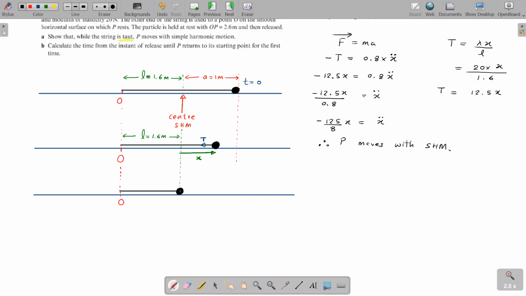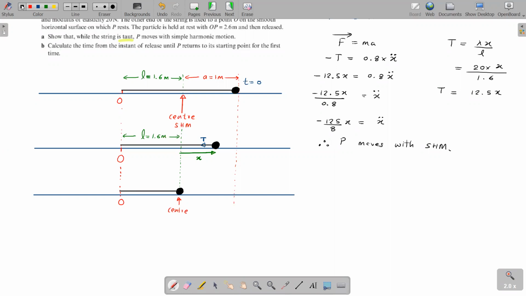Now you can see that you started the motion from the amplitude, and this is the center of your SHM. Amplitude to center, the string was taut. There was no problem in that. But now once you reach the center, what happens to the string? The string becomes slack, right? So when the string becomes slack, can you expect the simple harmonic motion to continue?